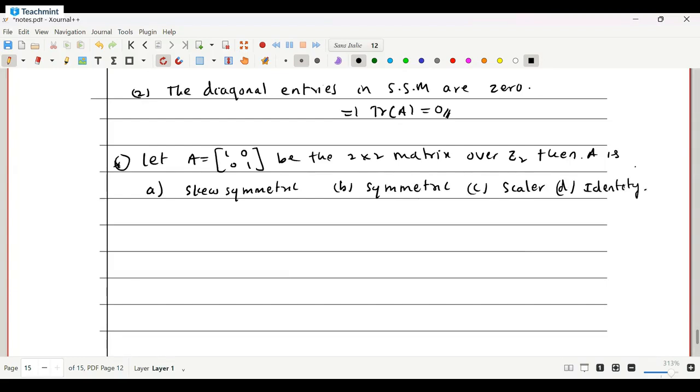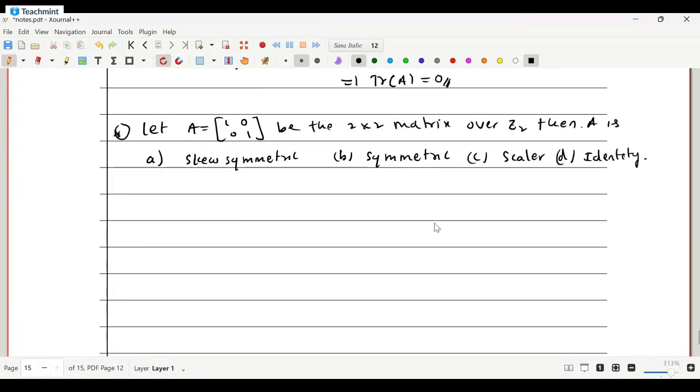Skew symmetric, sir? Skew symmetric. Symmetric. Sir, over the field Z2, the matrix A satisfies all these properties.